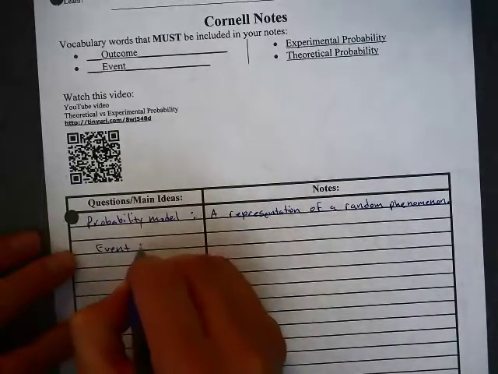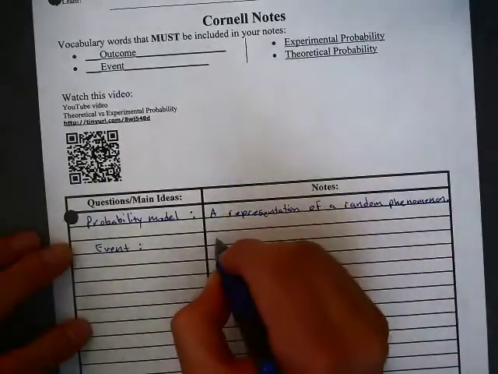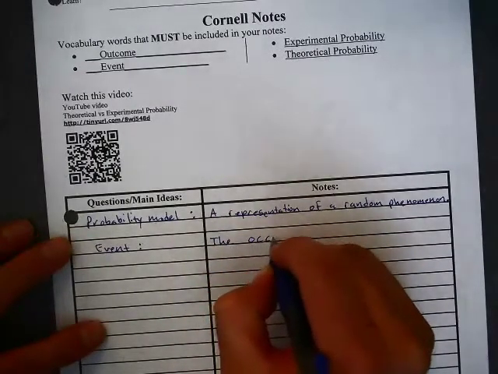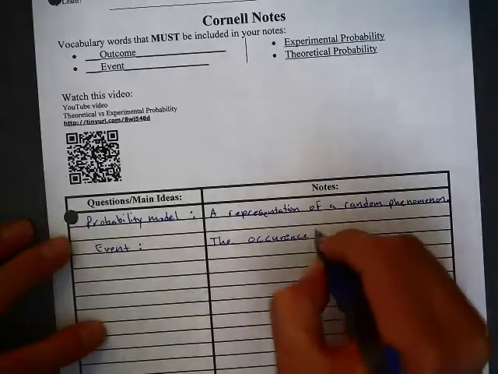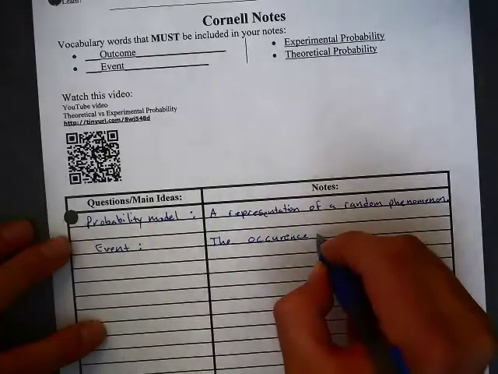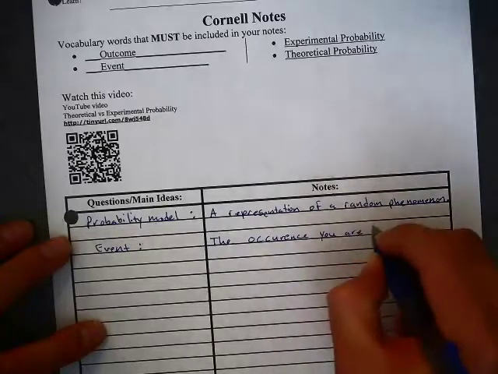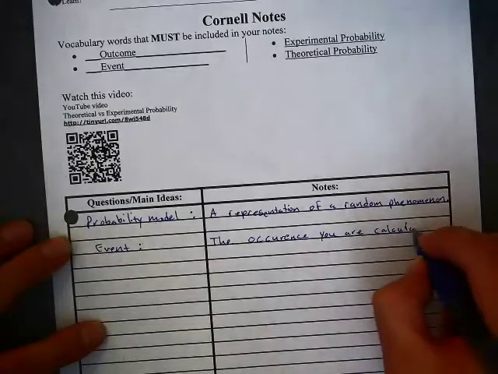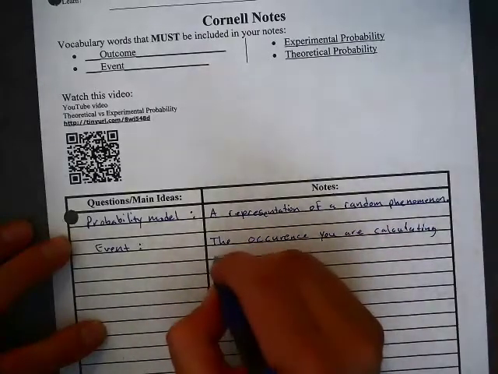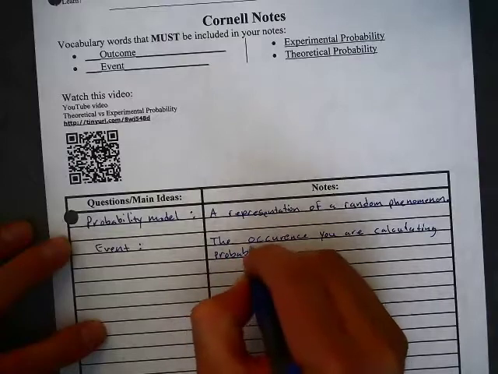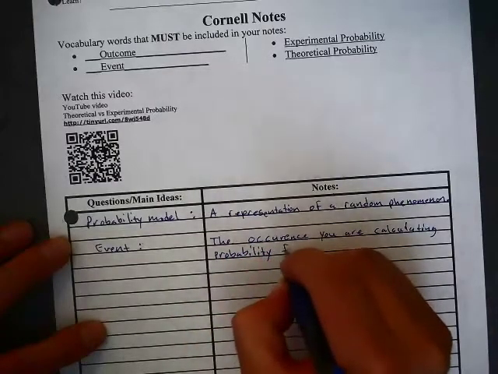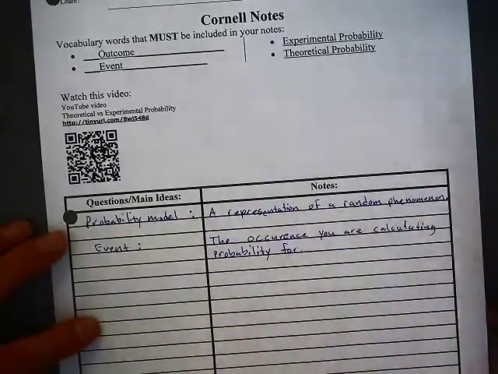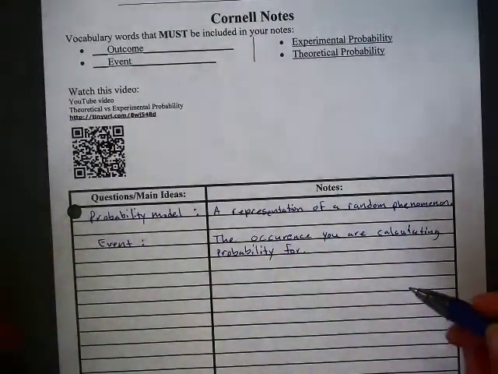An event is just the occurrence you are calculating probability for. So an event is the occurrence you are calculating probability for. What that means is anything that happens, something that happens.